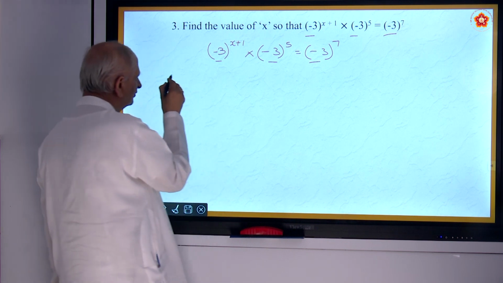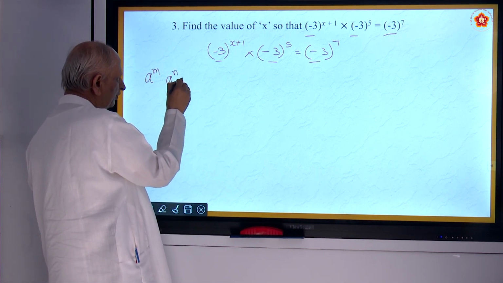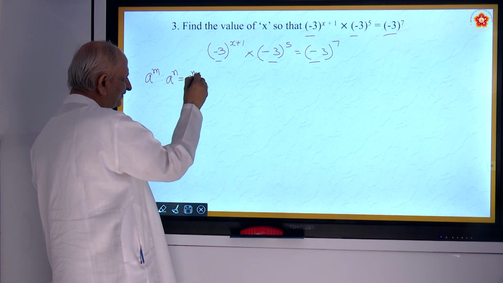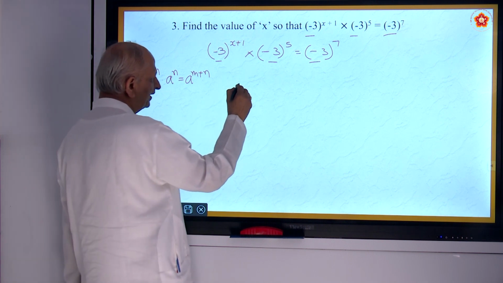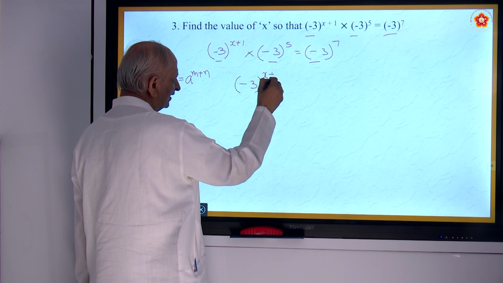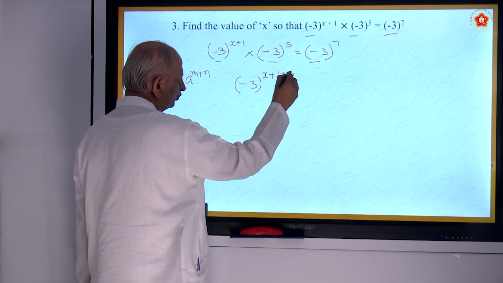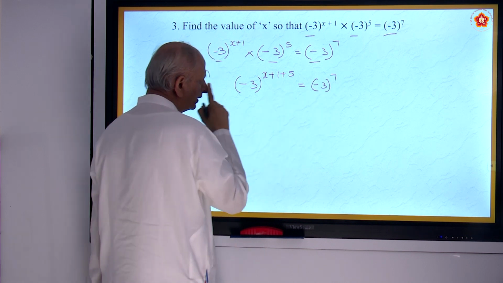By the law. What is the law? a to the power of m into a to the power of n is equal to a to the power of m plus n. So minus 3 to the power of x plus 1 plus 5 is equal to minus 3 to the power of 7.